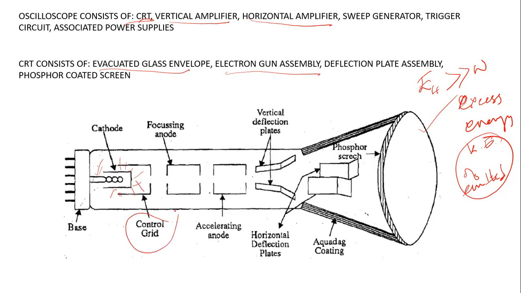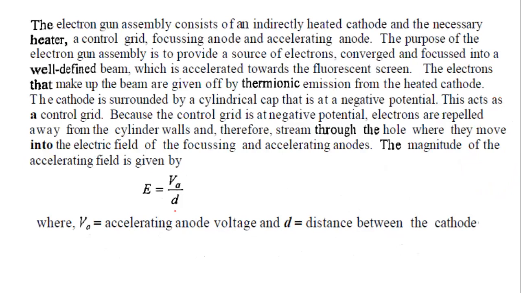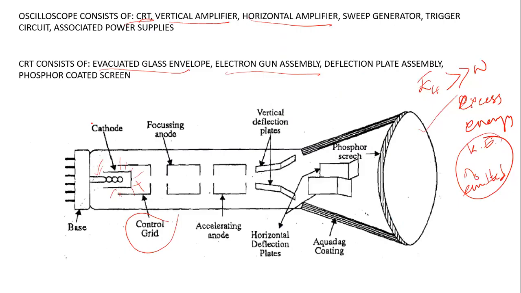via this control grid. The control grid is a certain kind of cylindrical cap that is at a negative potential. Okay, so this is a cylindrical system which is connected to negative potential.